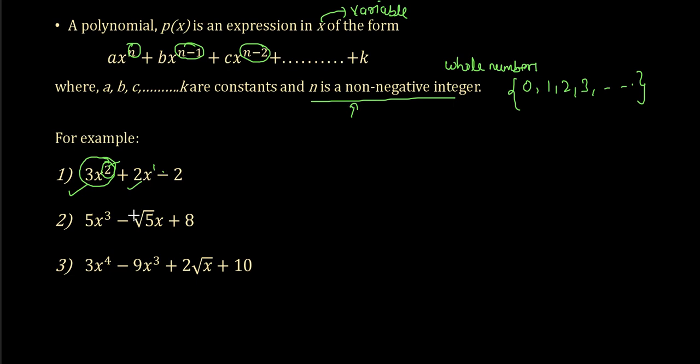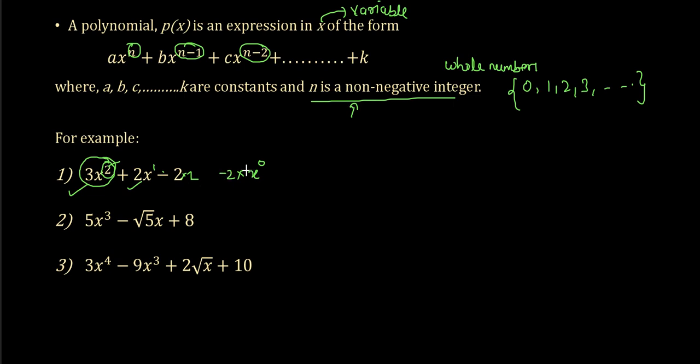Is there any variable attached to this constant? The answer is yes. We can write this as minus 2 into x raised to power 0. Because x to the power 0 will always be 1, we can introduce a variable x to a constant term.